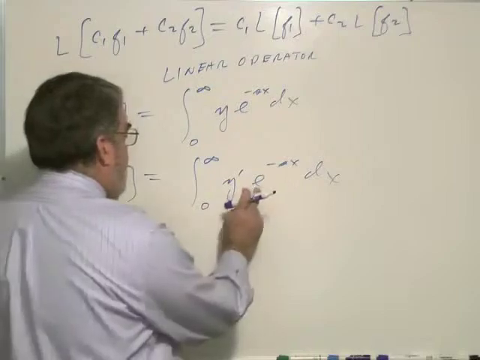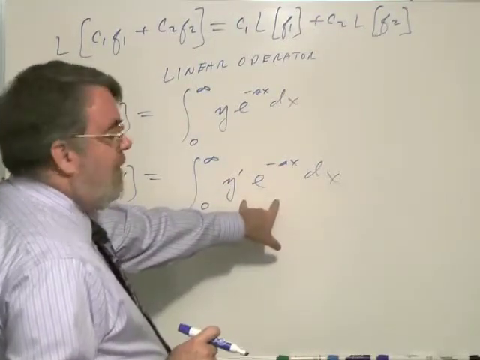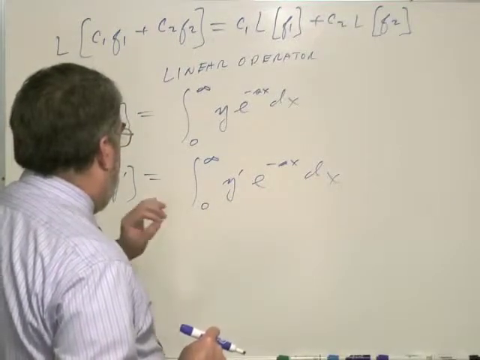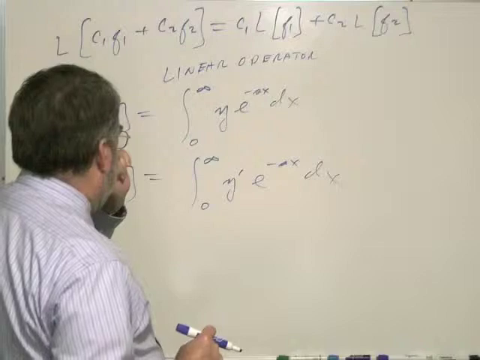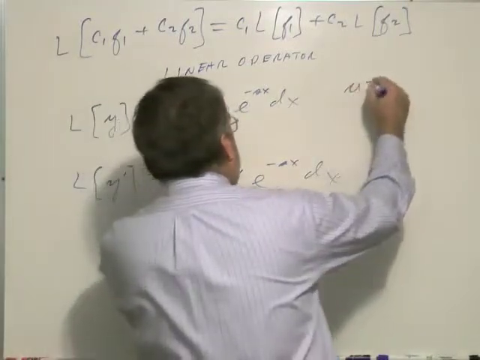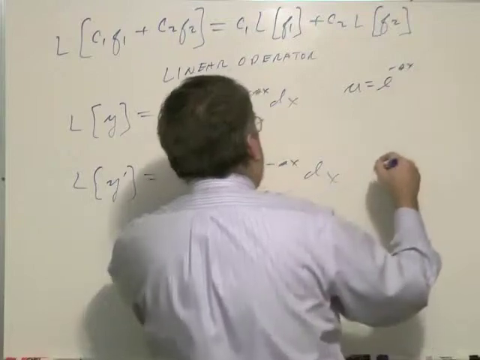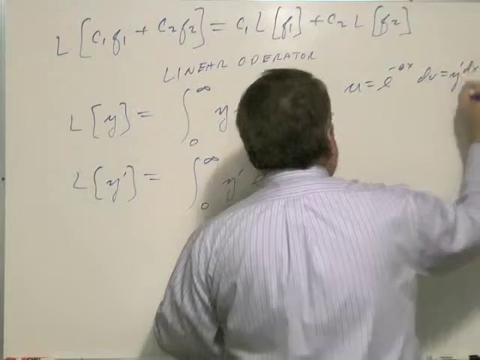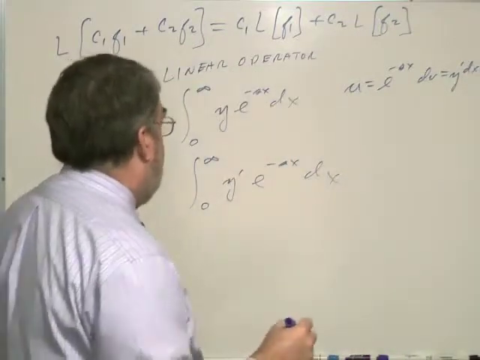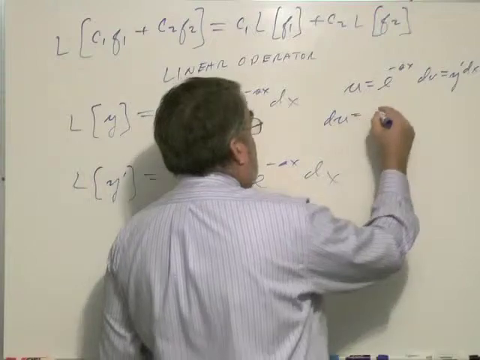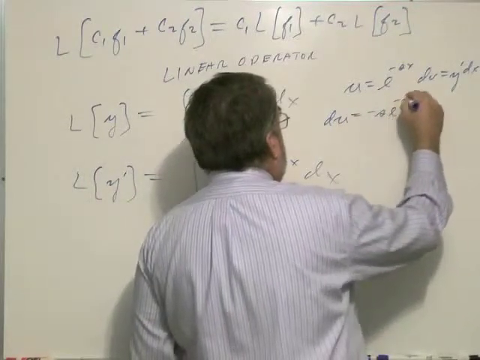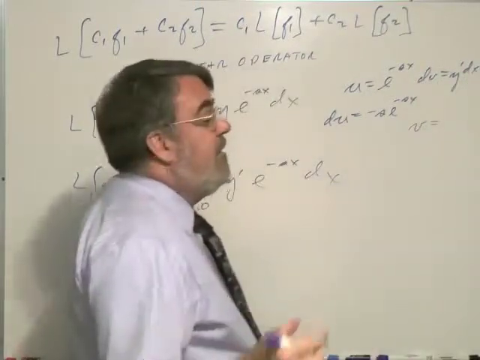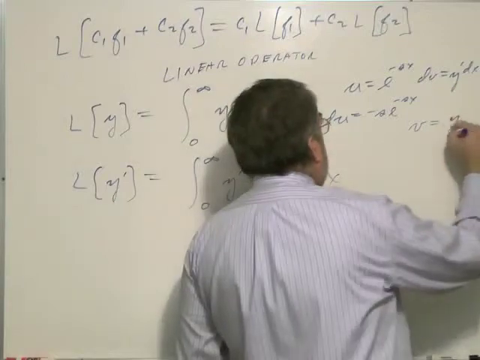And so I'm going to start by solving this with integration by parts. So I'm going to let u equal e to the minus sx, and dv will equal y prime dx. So that makes du equal to minus s e to the minus sx dx, and it makes v equal to the integration of y prime dx, which is simply y.